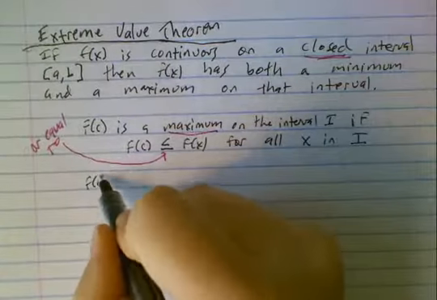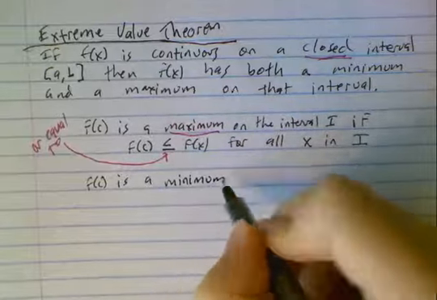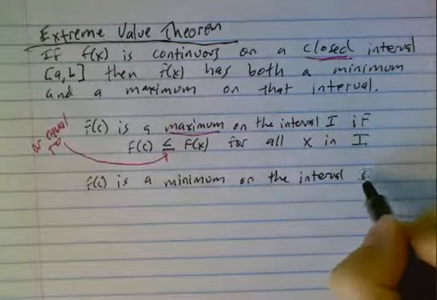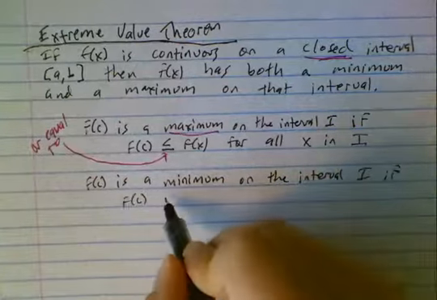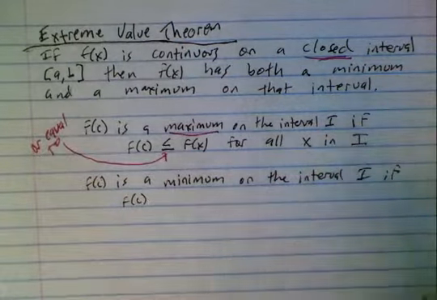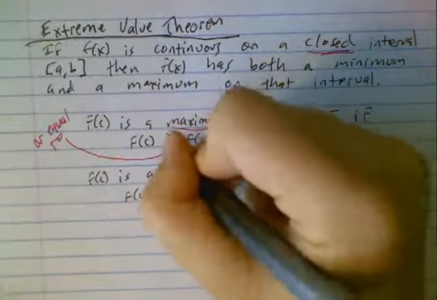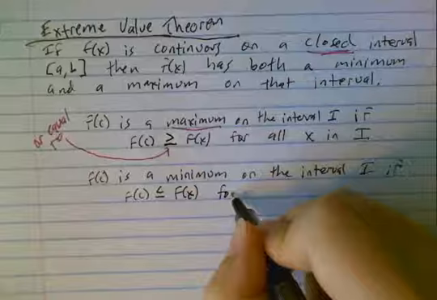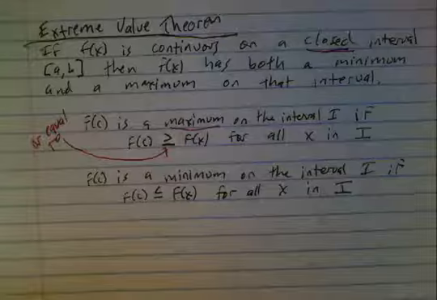Similarly, f of c is a minimum on the interval I if f of c is less than or equal to f of x for all x in I.